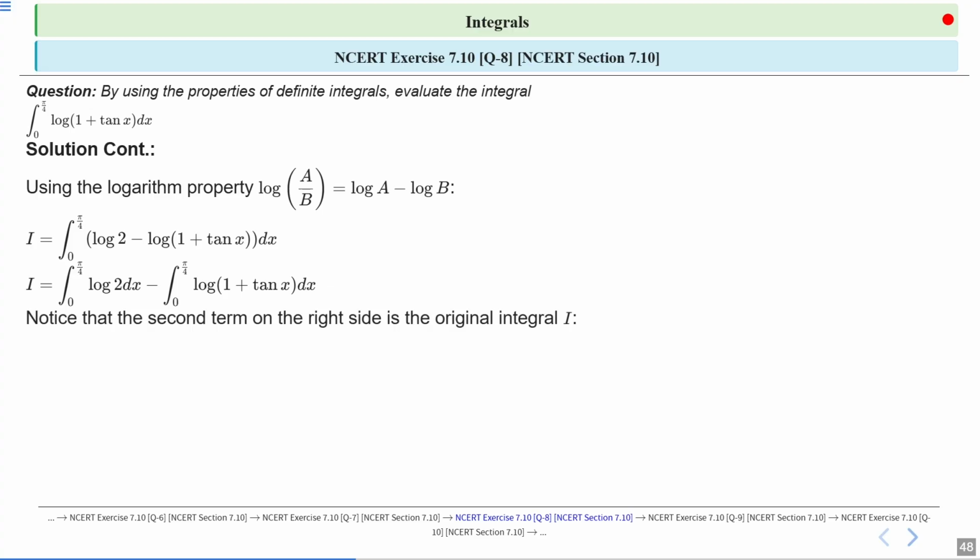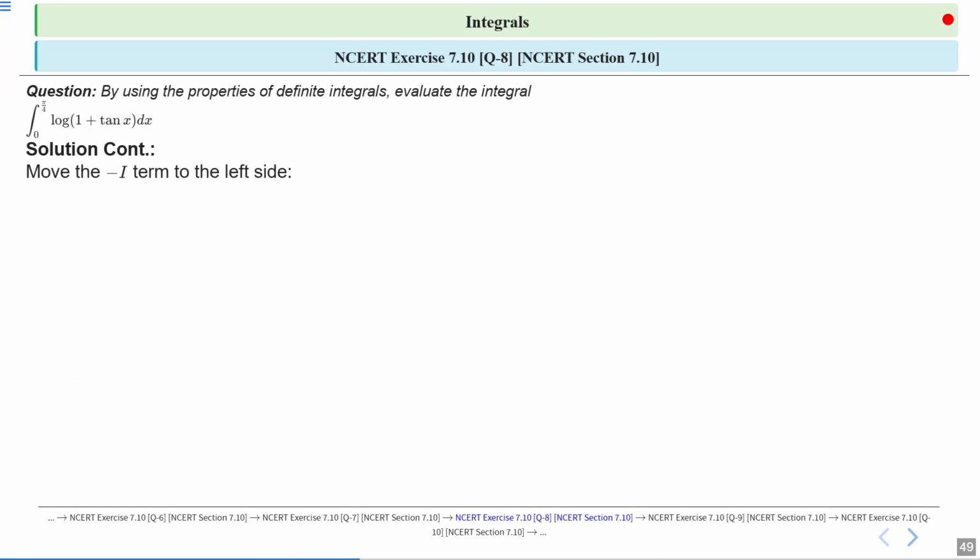When we observe, the second term on the right side is the original integral I. So just put it as I. So I is equal to the integral from 0 to π/4 of log 2 dx minus I. And we need to calculate the value of I. So we have I plus I is equal to the integral from 0 to π/4 of log 2 dx. So 2I is equal to the integral from 0 to π/4 of log 2 dx.